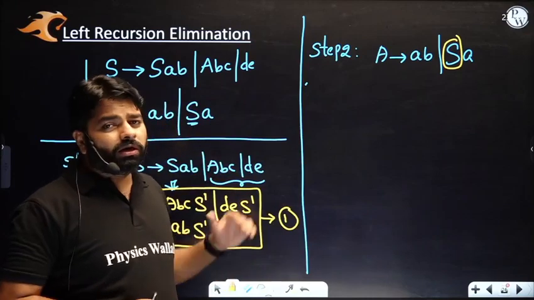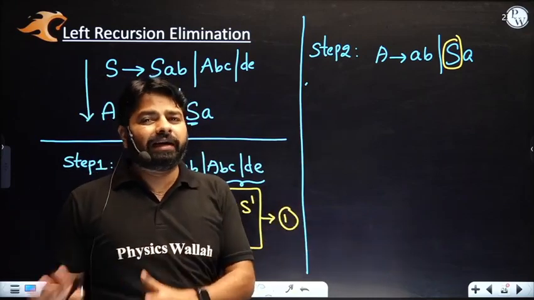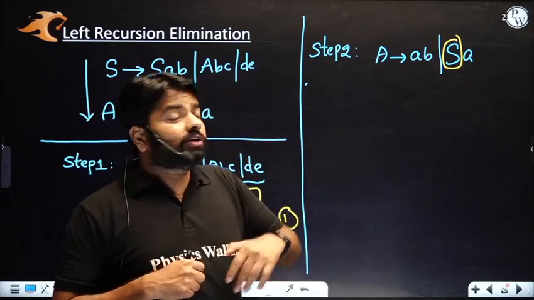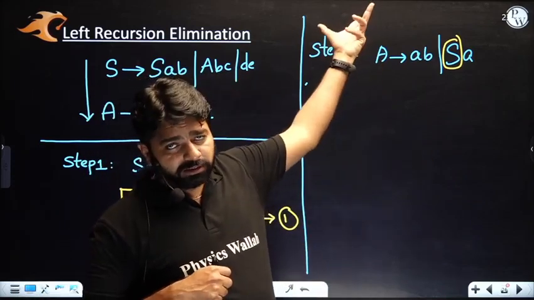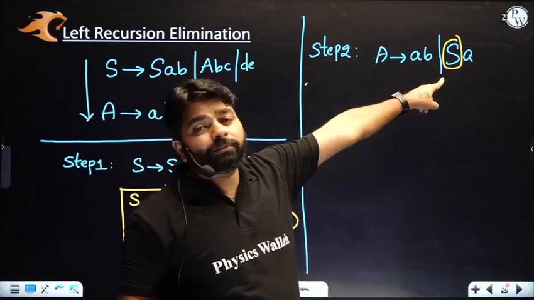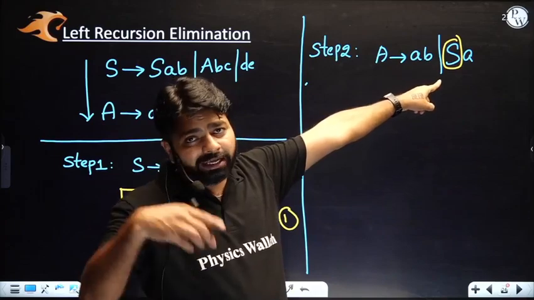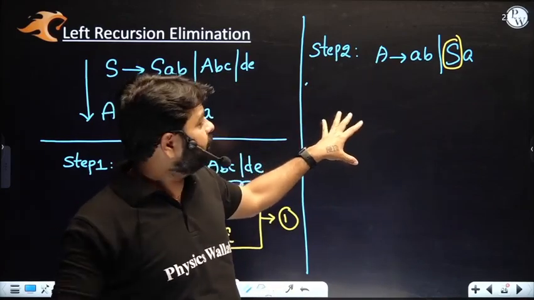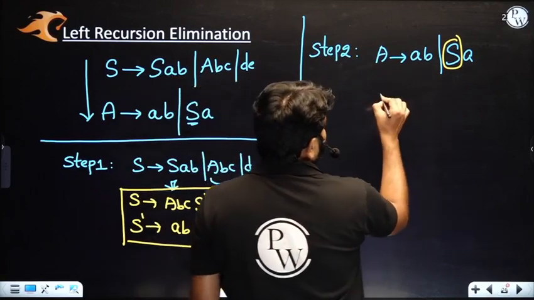The first step always we take direct left recursion elimination, but from the second step onwards we will take care of what was eliminated in the previous steps. In the previous steps S was freed, that's why we substitute S. We don't substitute any other non-terminal, that you do in step 3 and 4. So here we substitute S.